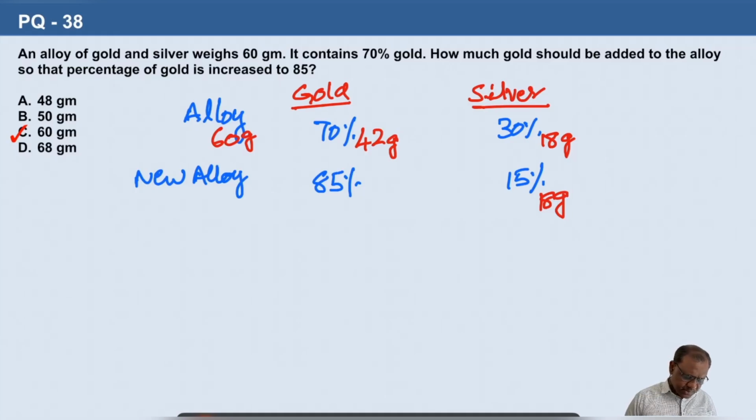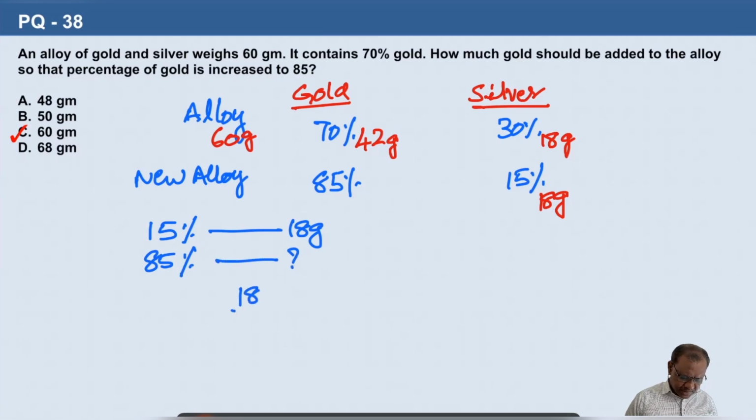So let us assume the total weight as X. So here 15% is 18 grams. 85% is how much? So we don't have to find out the weight of the new alloy. We need to find out only 85%. So 15% is 18 grams. 85% is how much?